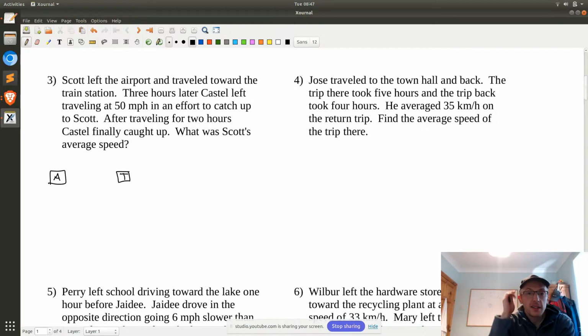3 hours later, Castel left traveling at 50 miles per hour in an effort to catch up to Scott. After traveling for 2 hours, Castel finally caught up. So, Castel has traveled 100 miles. And it took Scott 5 hours to travel.